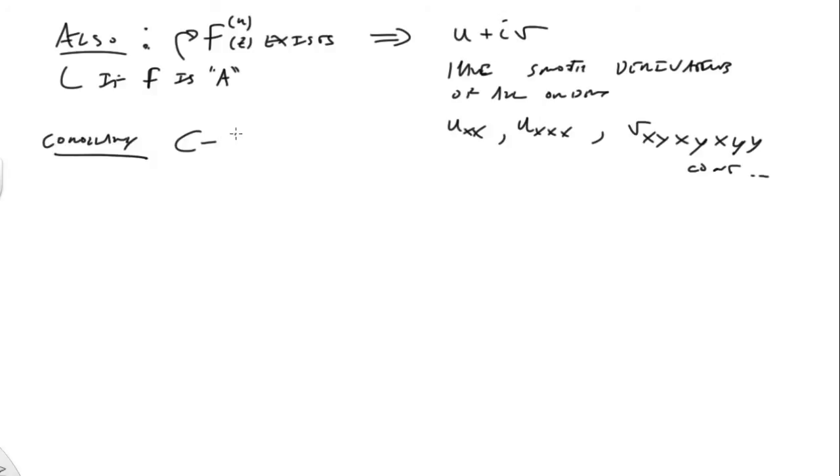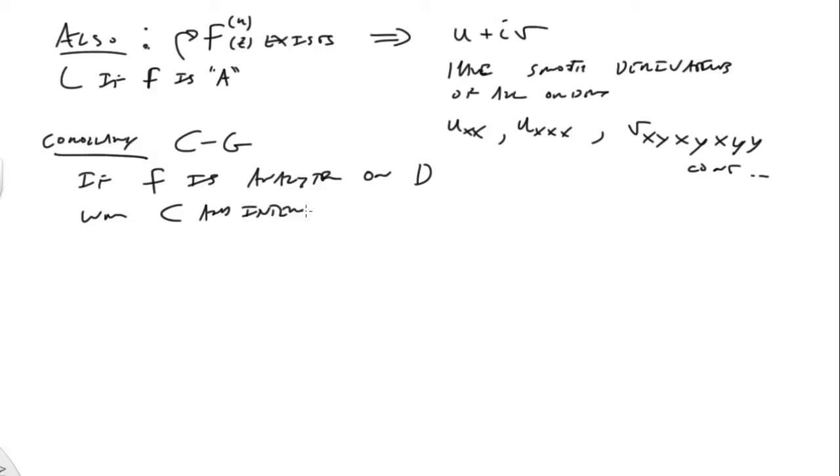So remember, Cauchy-Goursat states that if f is analytic on some domain D where C, this contour, and all of its interior is a subset of D, and I should say this is a simple closed contour, then the integral of f of z dz is equal to 0. So any closed contour integral is equal to 0.